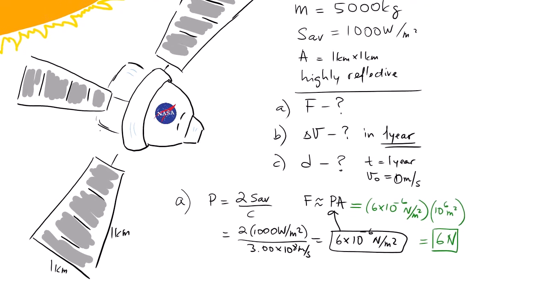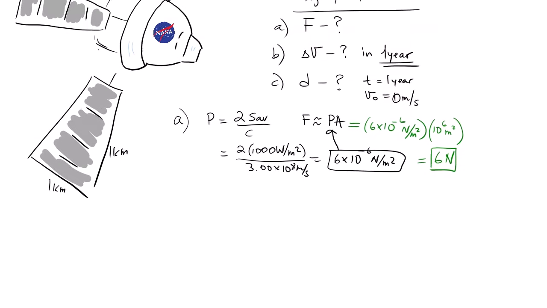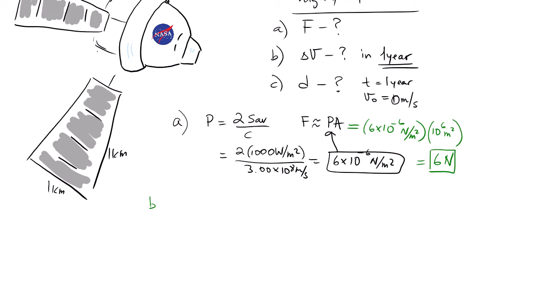So for the second part, where we want to find the change in speed, first, let's recall from kinematics. We know that the velocity at any moment equals the initial velocity plus at. The time is given to us, it's 1 year.